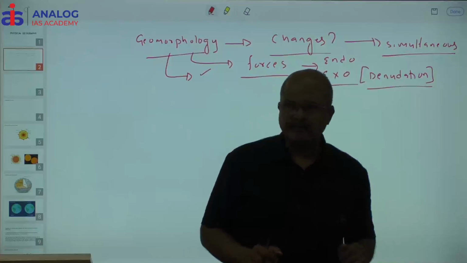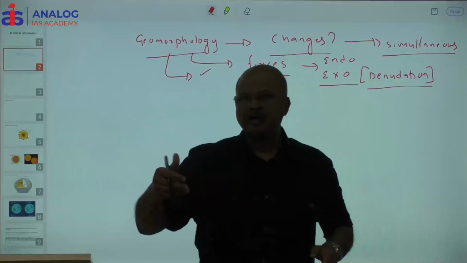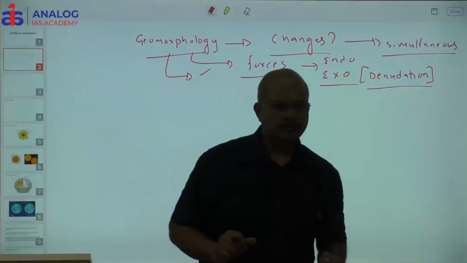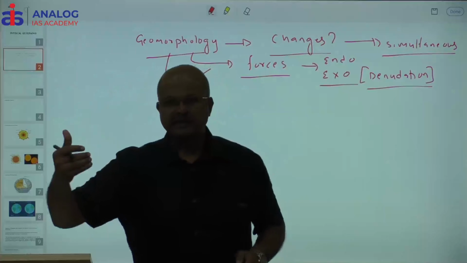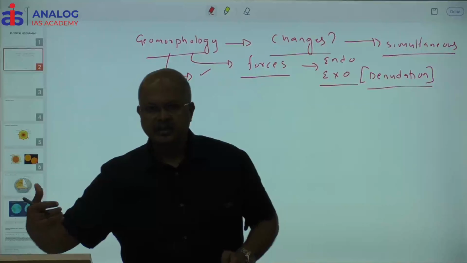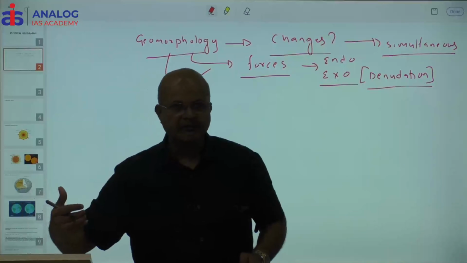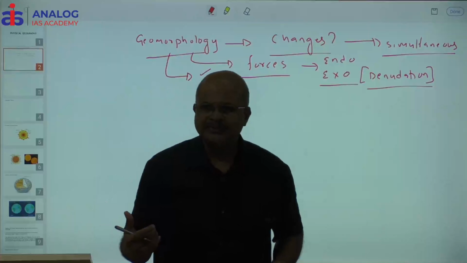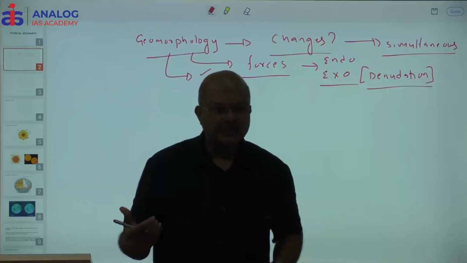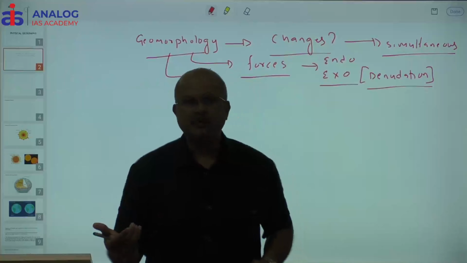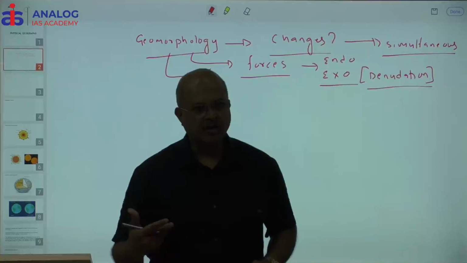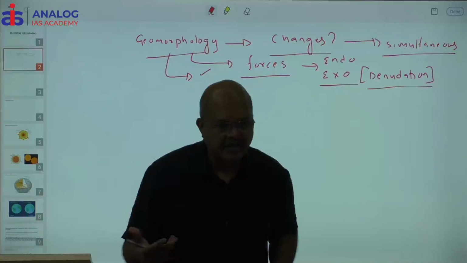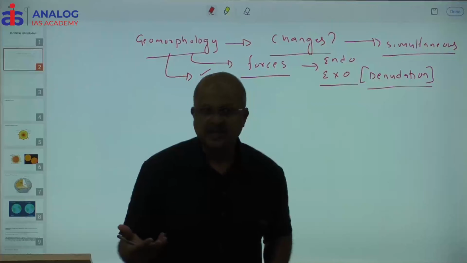For example, talk about groundwater. Now stalactite, stalagmite. Have you heard the names? Are stalactites and stalagmites erosional landforms or depositional? Depositional landforms of which agent of denudation? Groundwater, and these groundwater landforms are also referred to as karst landforms.